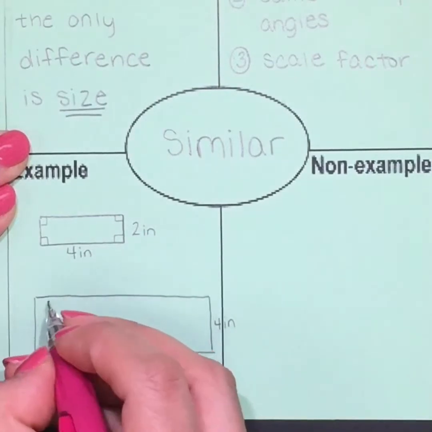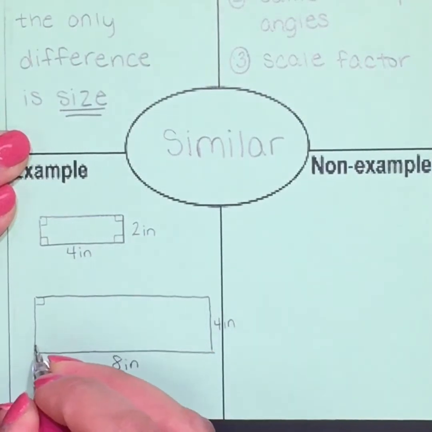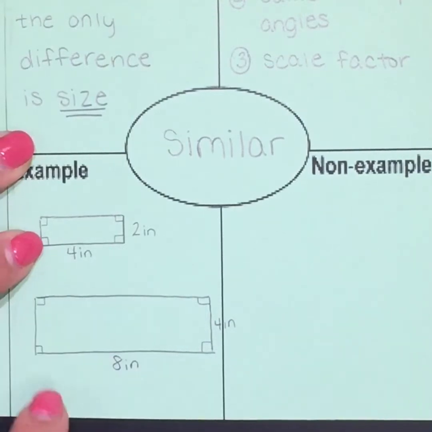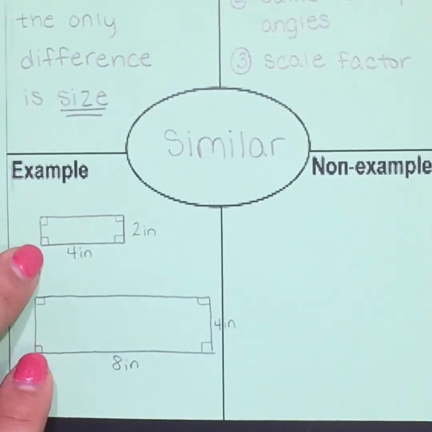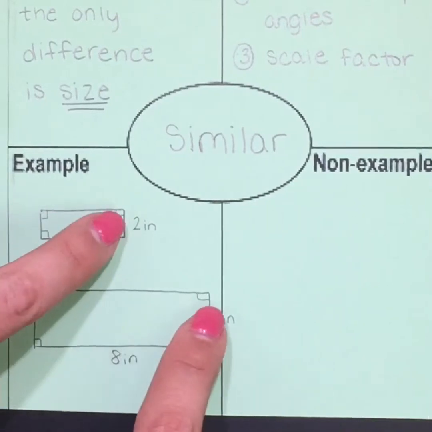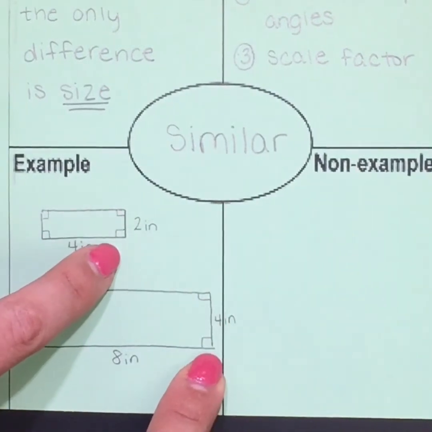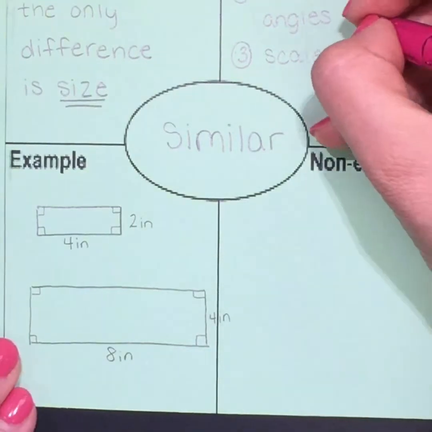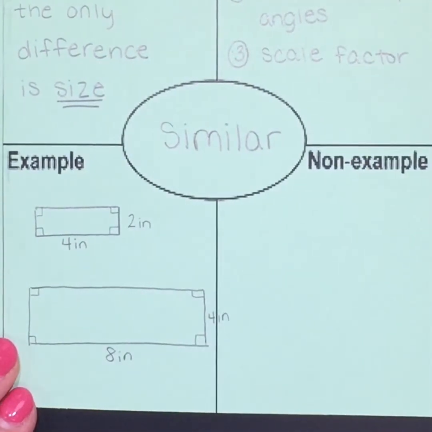Right, 90 degrees, because they're all right angles. So this angle, which corresponds with this one, 90 degrees, 90 degrees, 90 degrees, 90 degrees. So they are all corresponding angles, they're all the same. So that is a second check for this characteristic.